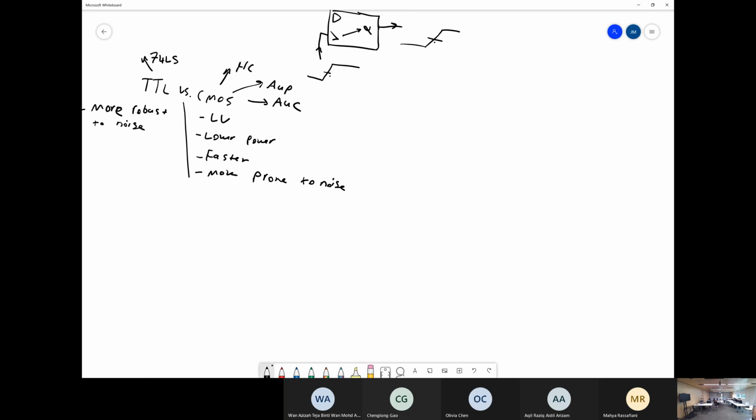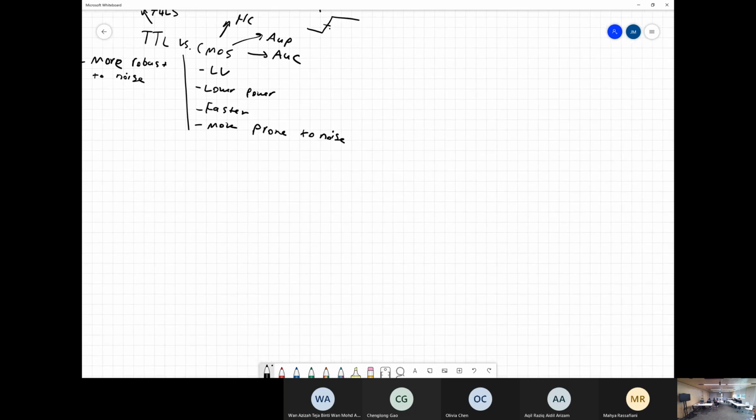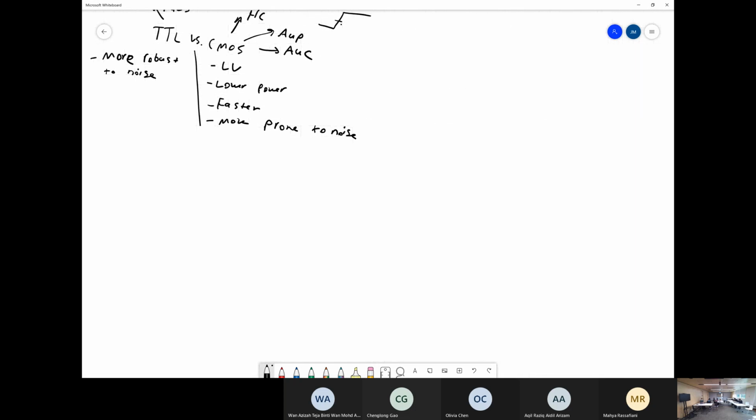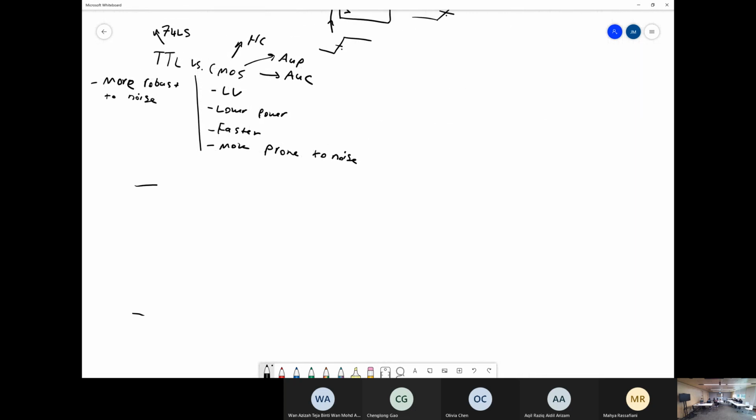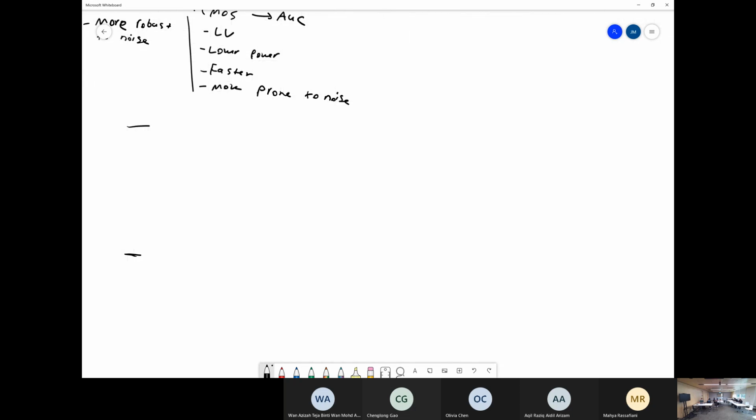One more thing on logic is your thresholds. Say you have your VCC and ground, usually 0 volts. You'll have your output high and output low, V output high and V output low.